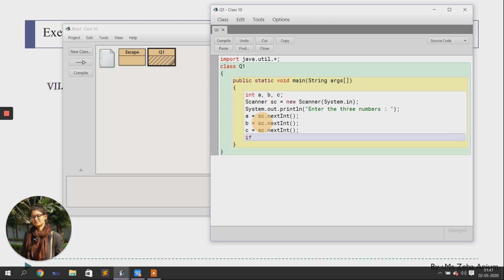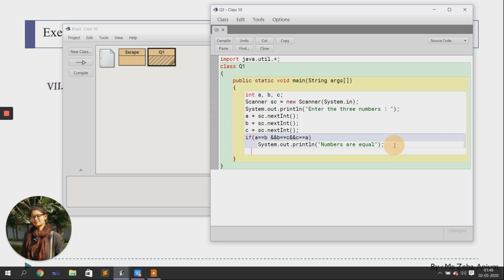Then we check with if a equals b and b equals c, then print that the numbers are equal. And in the else portion we are going to calculate the greatest number.